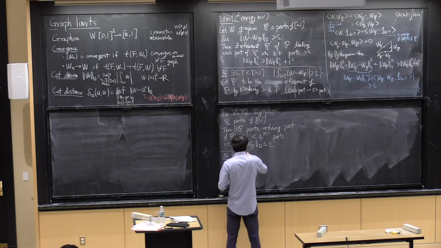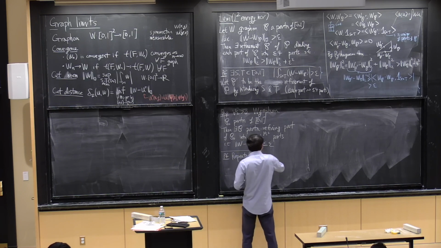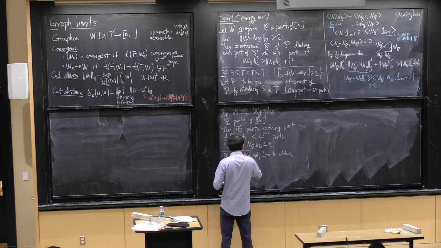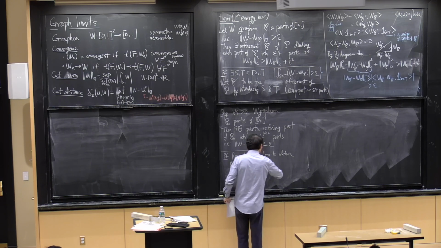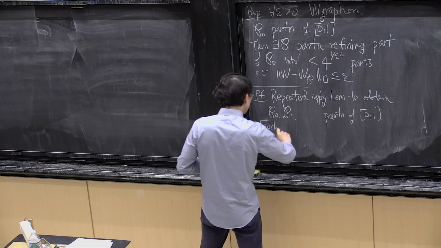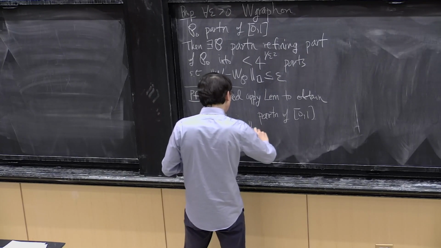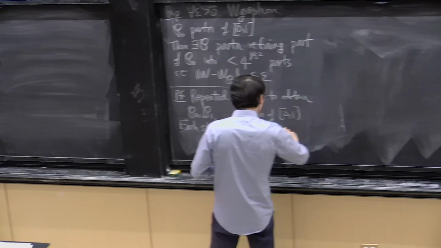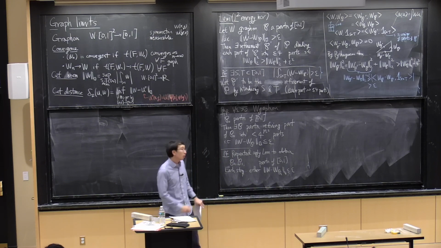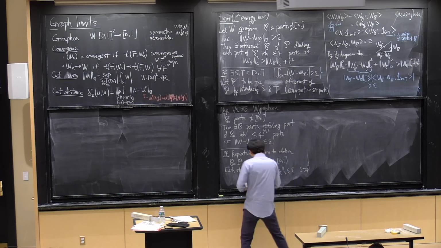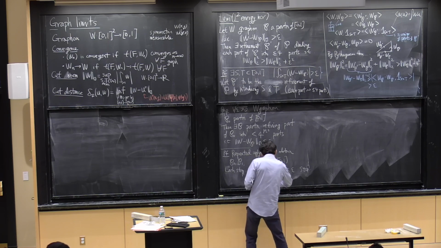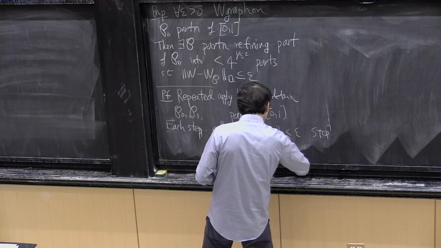What happens, as in the proof of Szemerédi's regularity lemma, is that we repeatedly apply the previous lemma to obtain a sequence of partitions of the 0-1 interval, where at each step either we obtain some partition P sub i that is a good approximation of W, in which case we stop, or the L2 energy increases by more than epsilon squared.